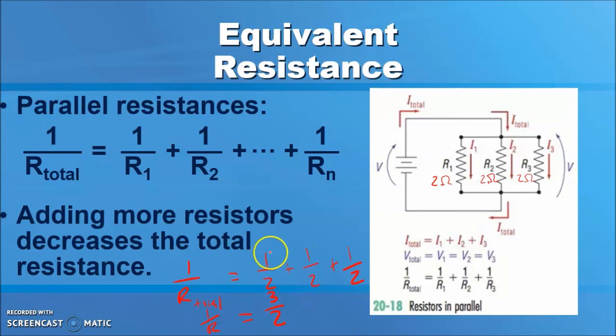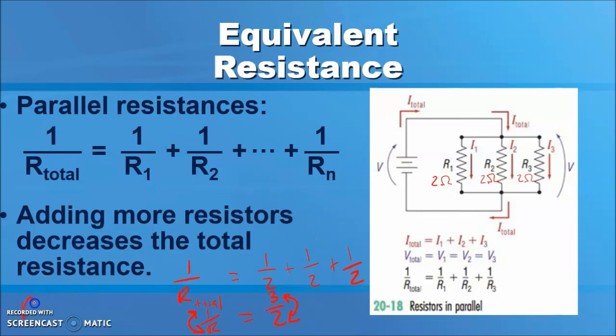So 1 plus 1 plus 1 is 3. And because we're adding fractions, the denominator stays the same. So, what is the total resistance? Well, the resistance is a reciprocal. Because this is math and math is fair, if I wanted to move the R to the top, I would have to find the reciprocal of 3 over 2.